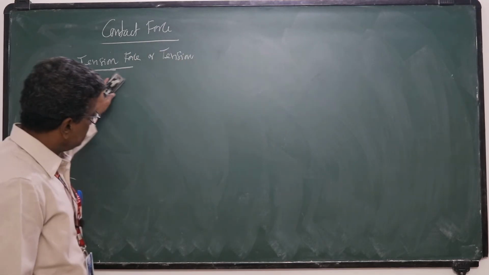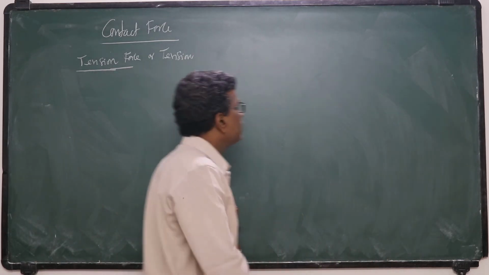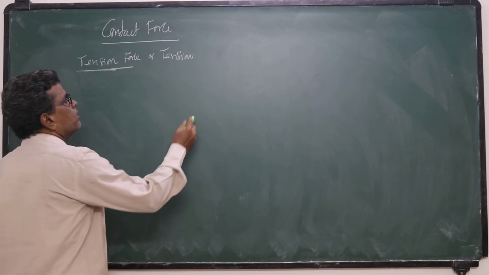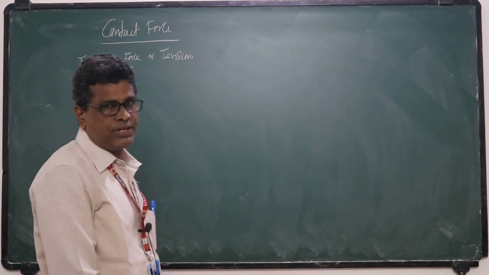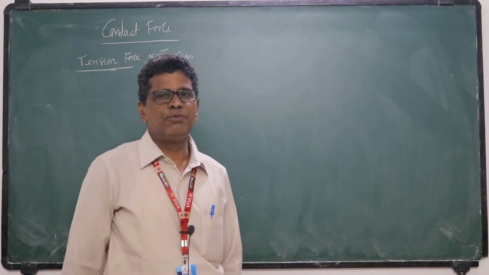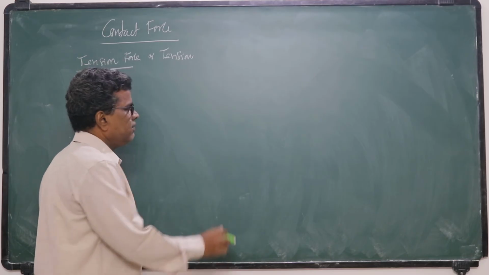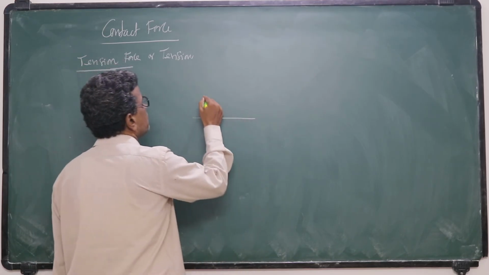This tension arises in the strings when objects are connected with the help of strings or springs, or with the help of pulleys. Objects, when they are connected with flexible strings.